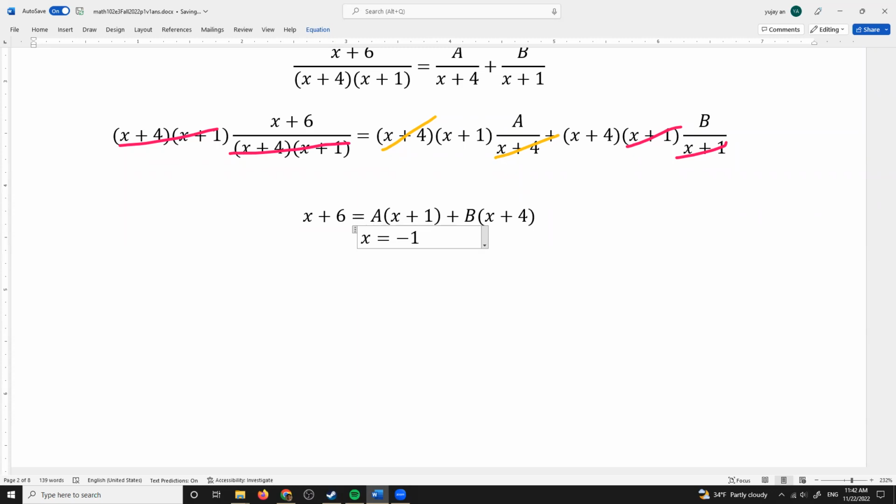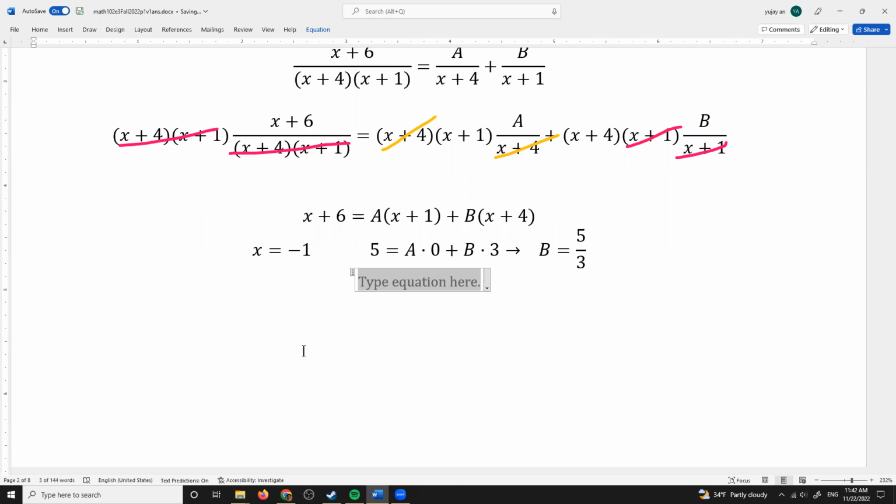When you plug in x equals -1, you get 5 on the left side, whereas you get A times 0 plus B times 3. So that you get B equals 5 over 3. On the other hand, if you plug in x equals -4, then the left side becomes 2 equals A times -3 plus B times 0.